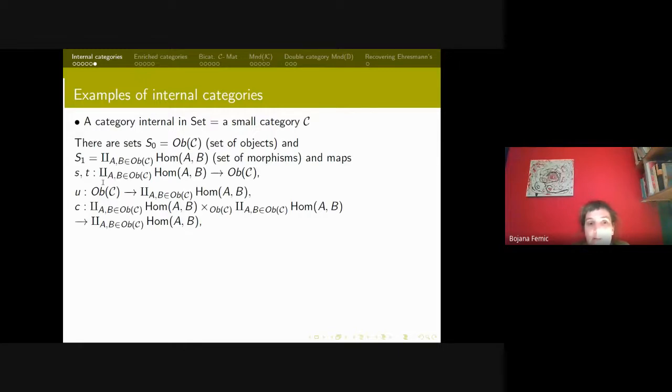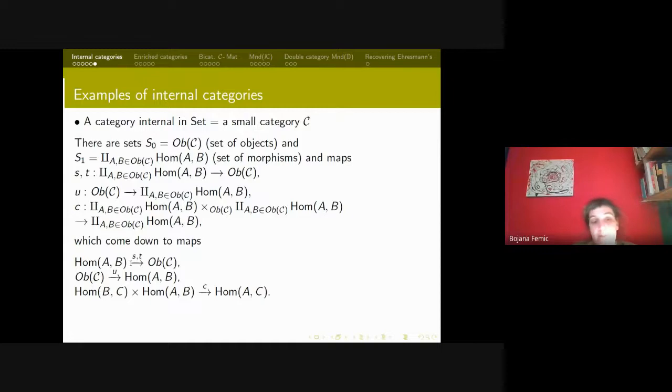And then the source and target map from S1 to S0, units the other way around, and composition is given from that pullback. But now, by the definition of morphisms that start from coproducts, and also that end up in coproducts, you know that all these four morphisms are actually given by four other morphisms where I just leave out these coproducts.